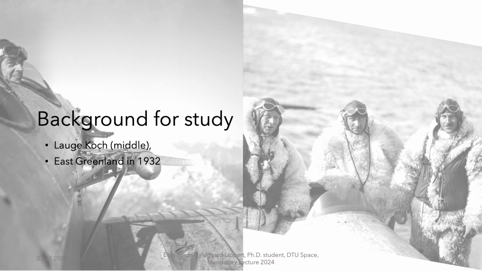The reason why it's possible to do this is actually because these guys flew around over Greenland in the beginning of the last century. So around the 1930s, they flew around and took pictures. The guy in the middle, Lauge Koch, was responsible for these missions, and he was a geologist interested in rock formations and stuff like that.